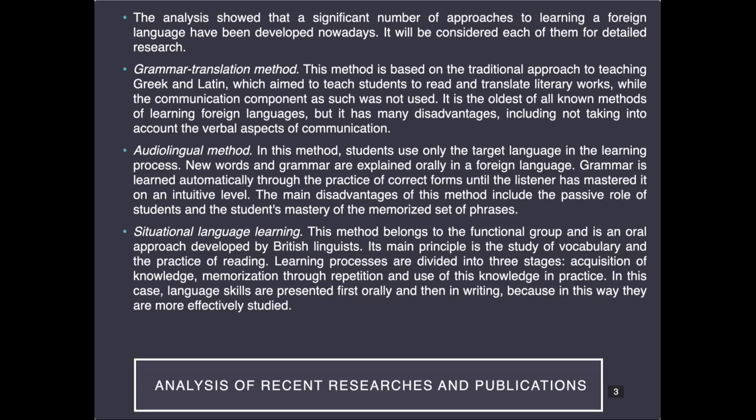Next is situational language learning. Its main principle is the study of vocabulary and the practice of reading. The learning process is divided into 3 stages: acquisition of knowledge, memorization through repetition, and use of this knowledge in practice.